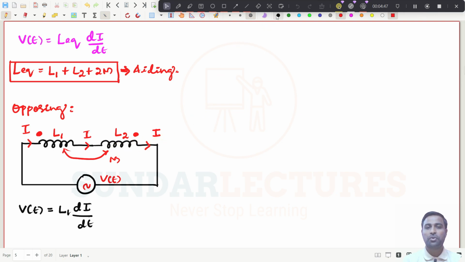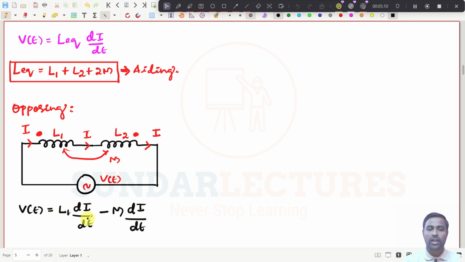So if it is so, you have to put minus, and you have to see what is M, the mutual inductance, and what is the current in the second coil. Here both currents are the same, so no problem. But even if the currents are different, you have to write the current in the second coil. This is di by dt.